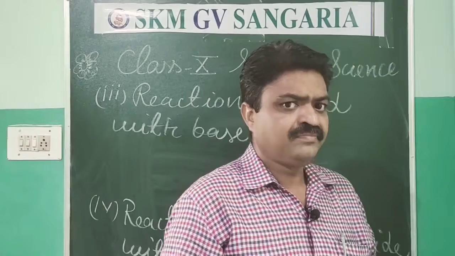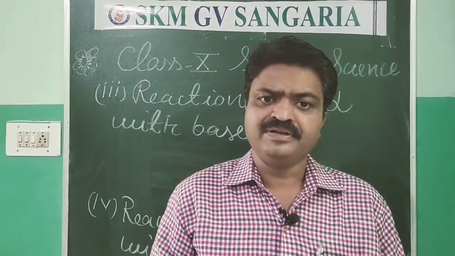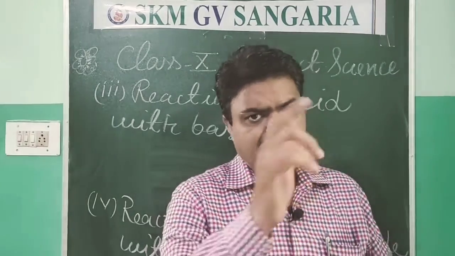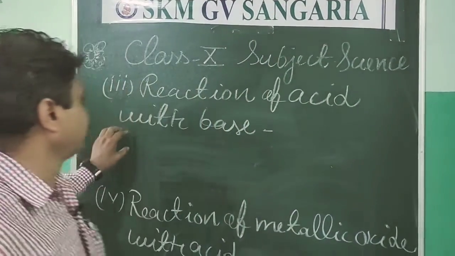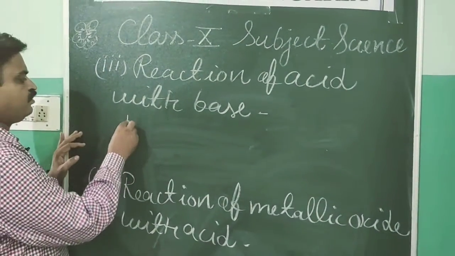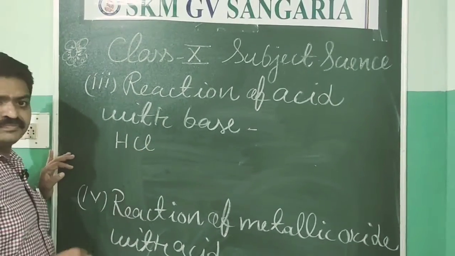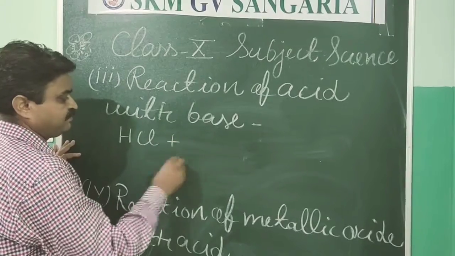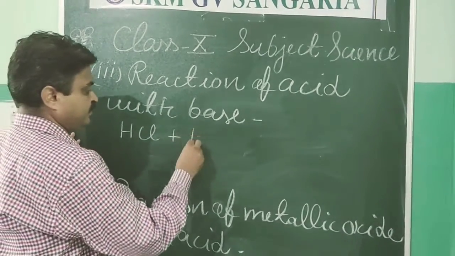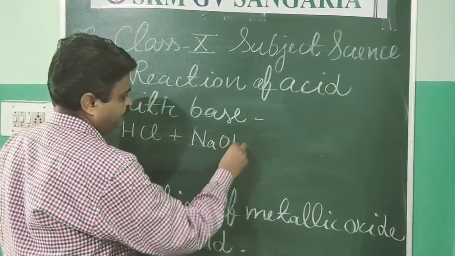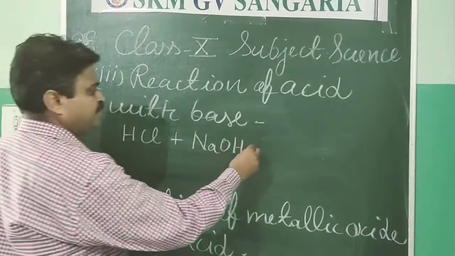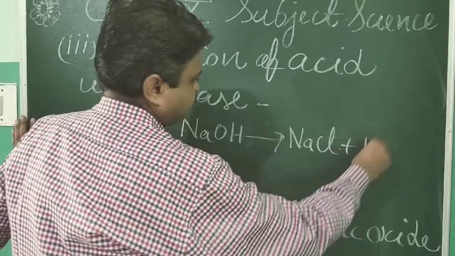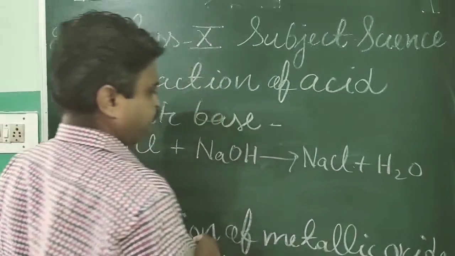Like this, there is another reaction that you can easily do in the laboratory. First, you take the hydrochloric acid, and when you react that hydrochloric acid with one base, that is sodium hydroxide, then what do you get? You get NaCl plus water.